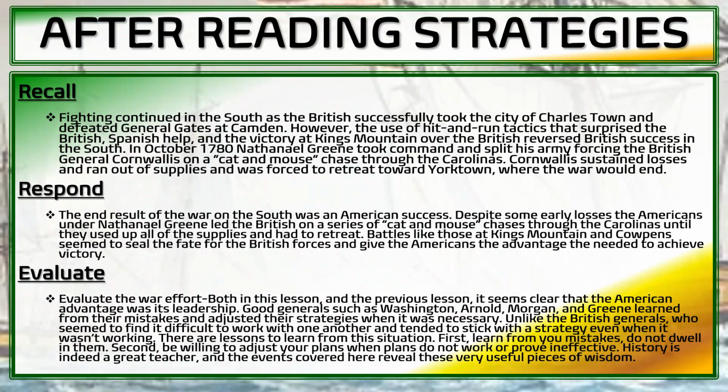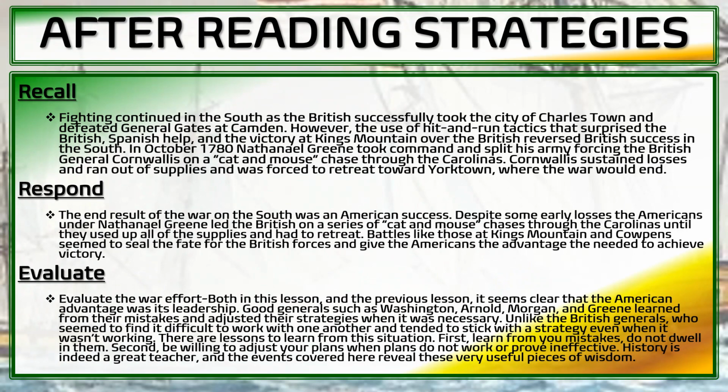So this is an insight. I mean, this is something I thought about when I thought about these events. The idea of history is to learn from it and grow from it. And certainly the events we see happening in this Southern campaign are a lesson to all of us that sometimes when things aren't going the way you want them to go, maybe you need a different plan. And that's okay, to look at different plans and different options. Especially if all you're doing is beating your head against a wall.